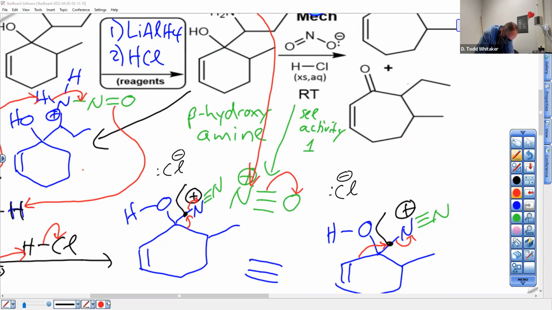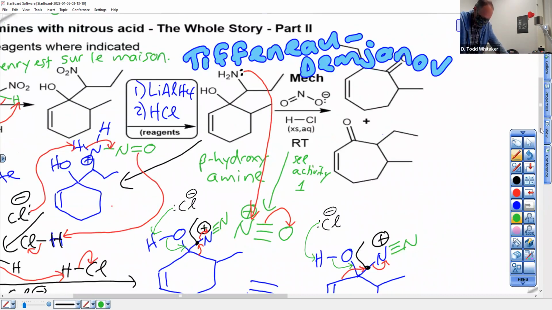Grab H. And you're done. Grab H. Careful with this one. Becoming a carbonyl. And you're done. Which product does the one on the left give?